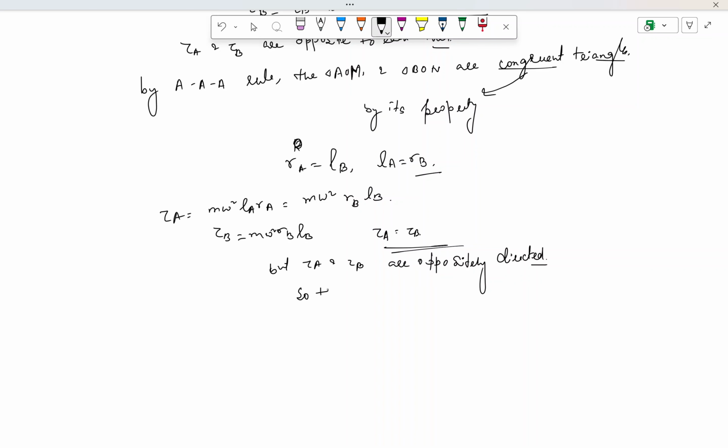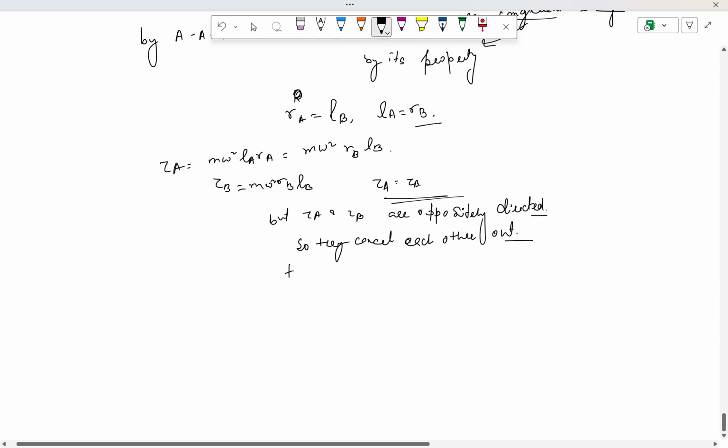So they cancel each other out, and the total torque is zero.